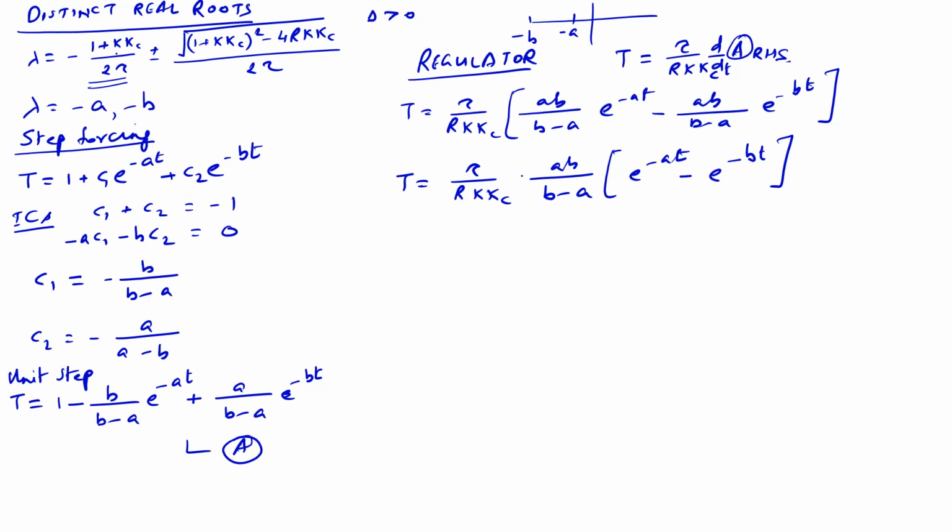When you take the squares, the 1 plus kkc term will cancel and you'll be left with 4r kkc, and this becomes 4. So a times b is going to be r kkc by tau square.